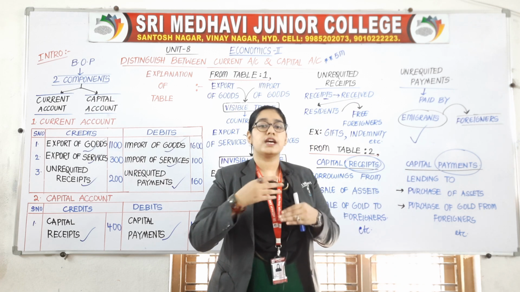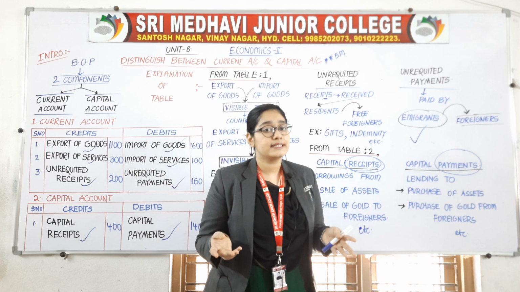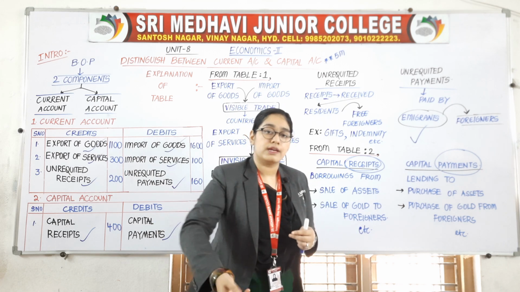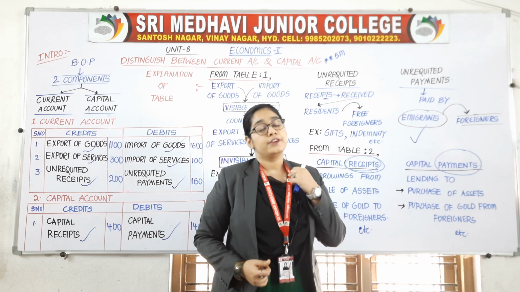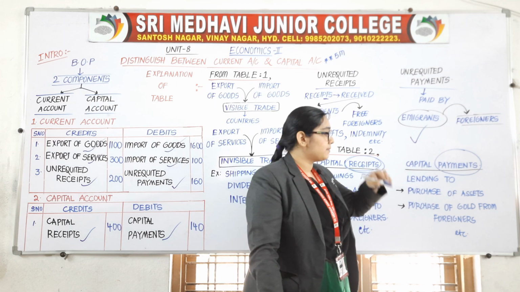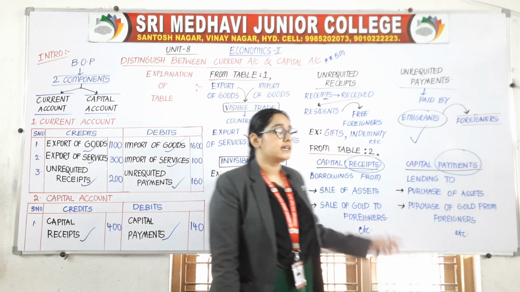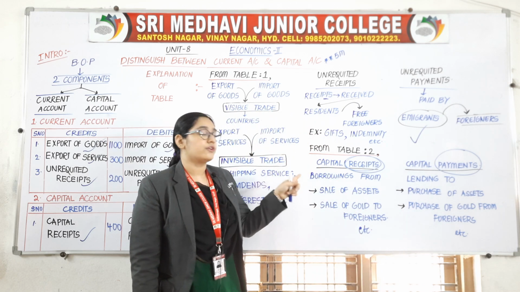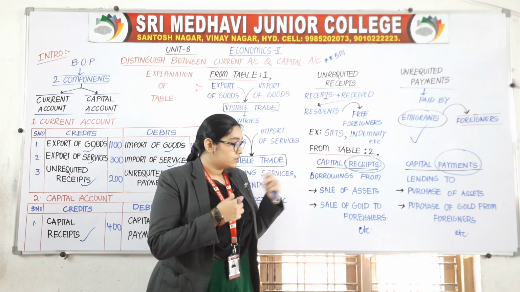If you have purchased a new computer, it is an asset. So again money is going out. You are making payments. Whenever you purchase gold from foreigners, again you are making payment. So capital payment means purchase of asset, purchase of gold from foreigners. Then capital receipts means borrowings, that is sale of asset and sale of gold to foreigners.